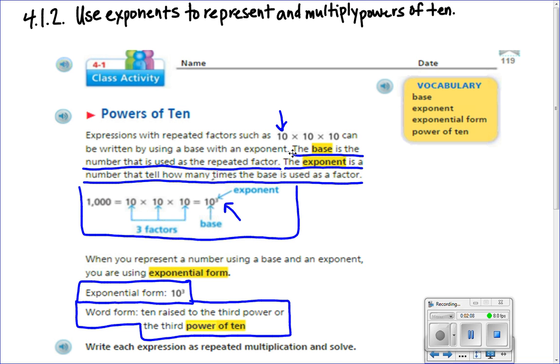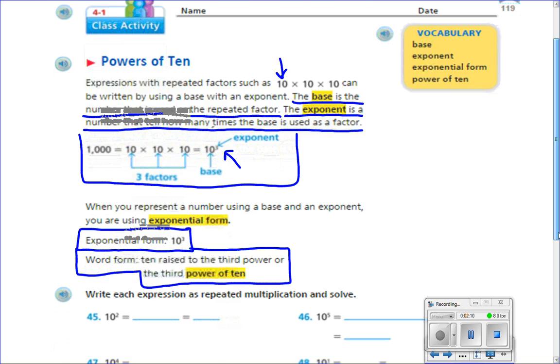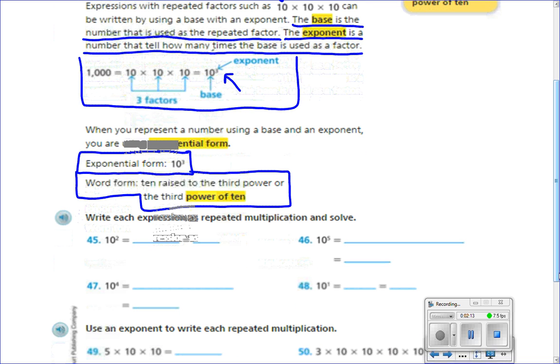So I want to do some examples with you. I think you're going to get the sense of the pattern the more of these we do. If I were to write each of these expressions as a repeated multiplication and solve them, what would it look like? Well, 10 to the second power, 10 times 10, would equal 100. 10 to the fourth power, 10 times 10 times 10 times 10, would be 10,000.